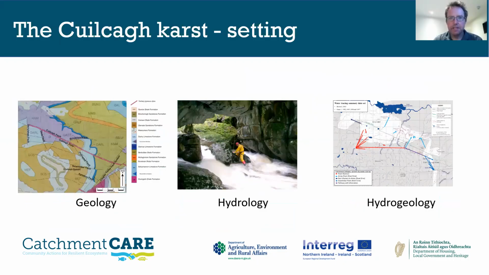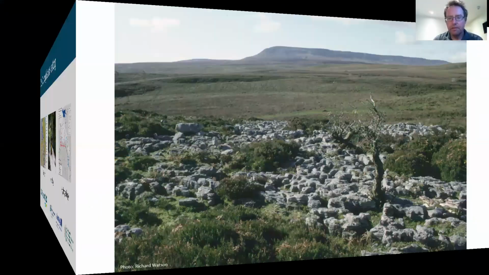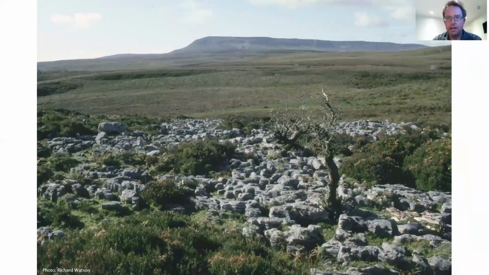To give you an insight into the setting of the Culp karst, I'm going to talk briefly about the geology, the hydrology, and the hydrogeology of the area. The Culp Mountain itself is a 5-kilometer long sandstone ridge, but the lower slopes are all limestone.